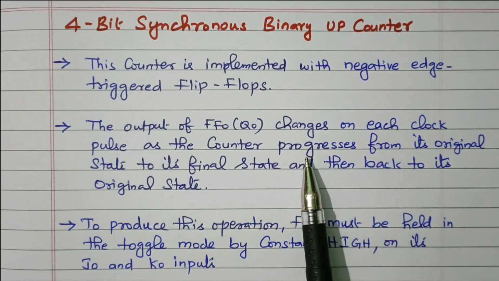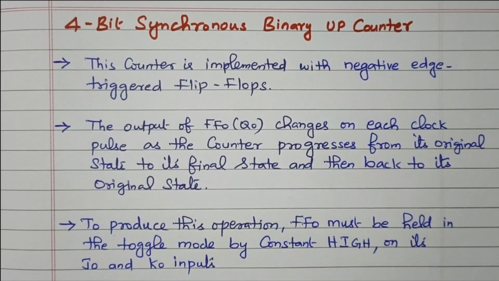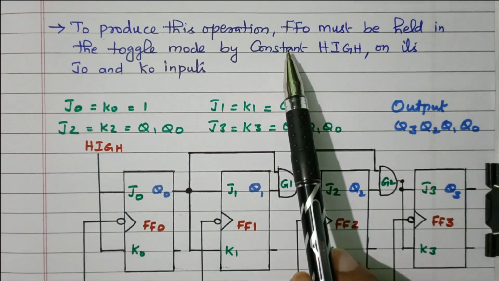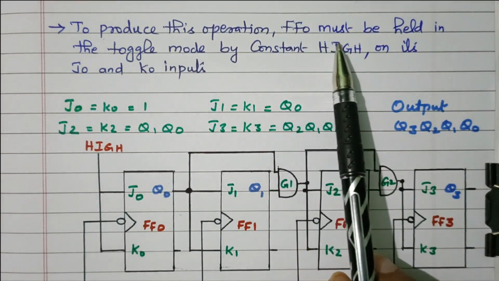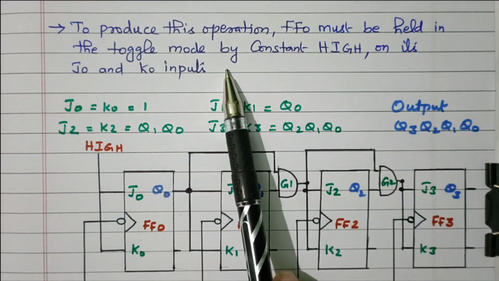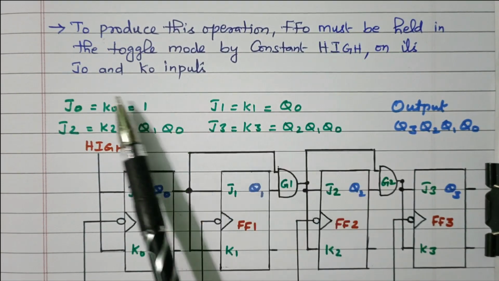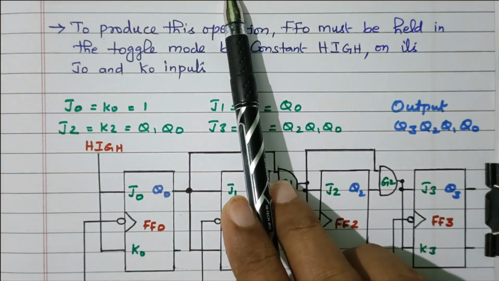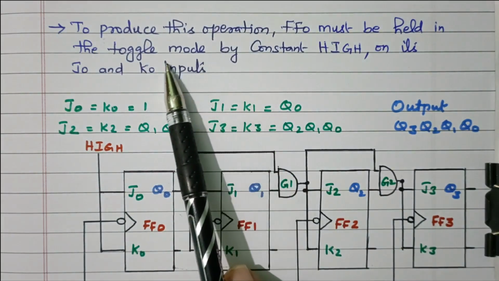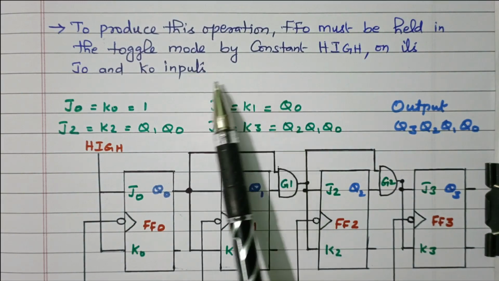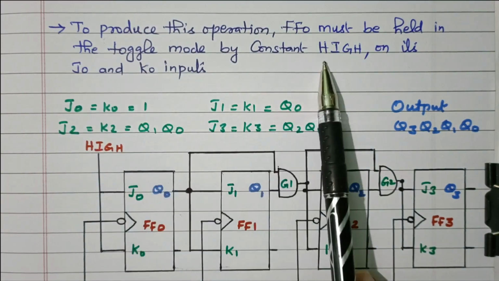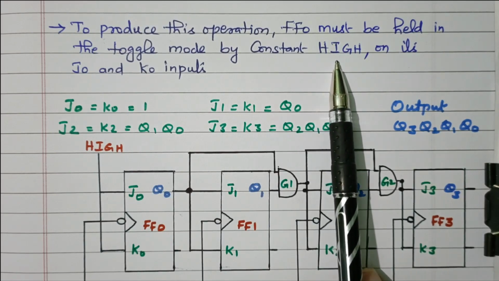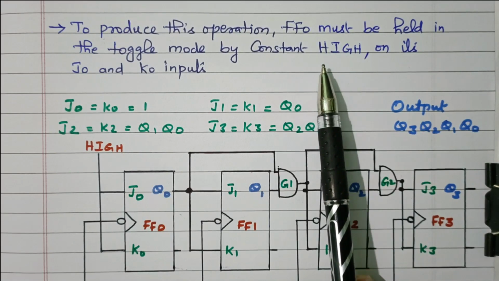To produce this operation, the flip-flop F0, the first flip-flop, must be held in toggle mode by constant high on its J0 and K0 inputs. It should continuously toggle, so these two inputs J0 and K0 are always connected to logic high, so that we get toggle.